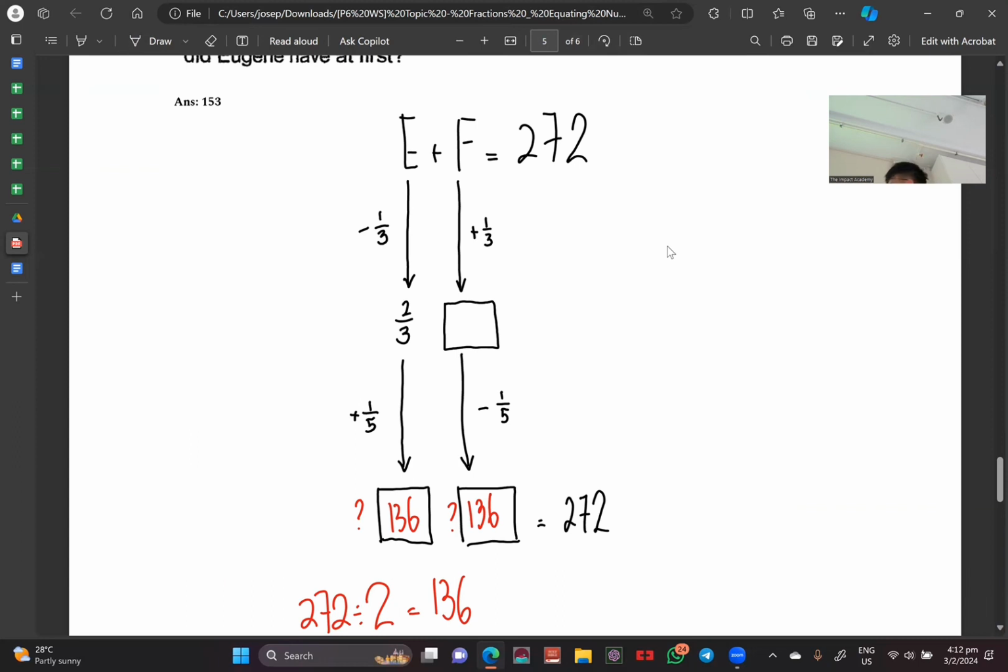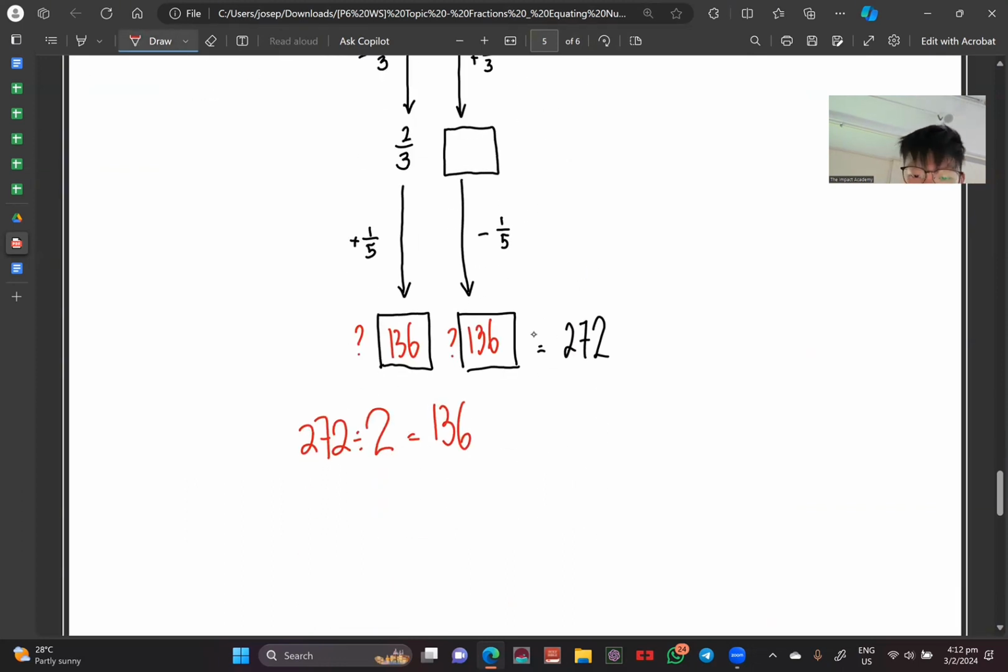Why 4 units? After minusing 1/5, what is left is 4/5. Very good. So this 136 here is actually 4/5. Don't you agree so far? Do you understand what I'm saying or not, guys?